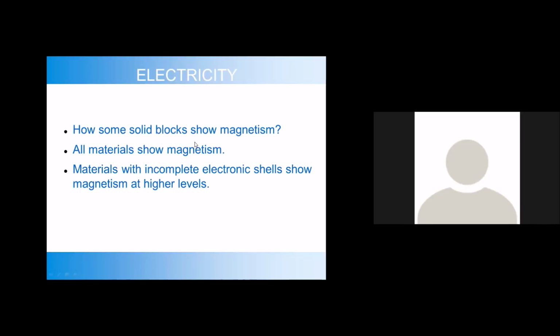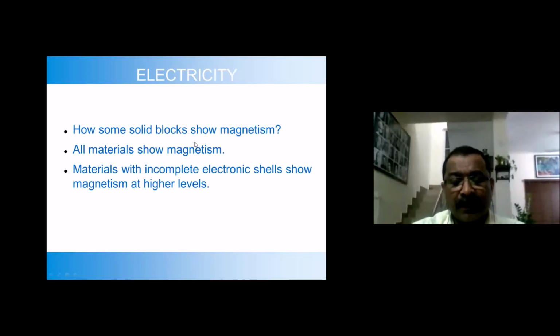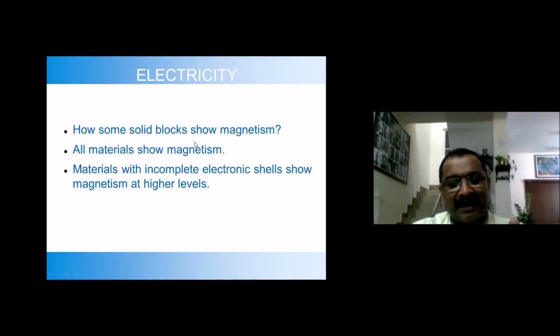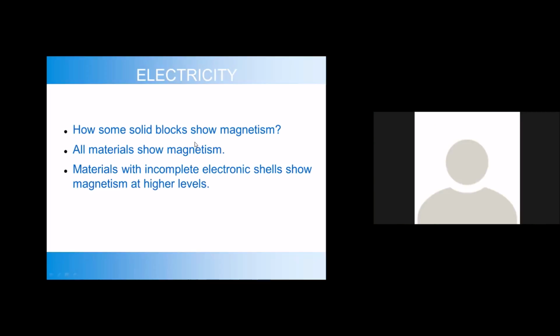Because of current. Flow of current. Okay, of course, that is a good answer. Some current is there. That is why it is showing magnetism. Could you explain a little more on it? No, I don't know much more than that.